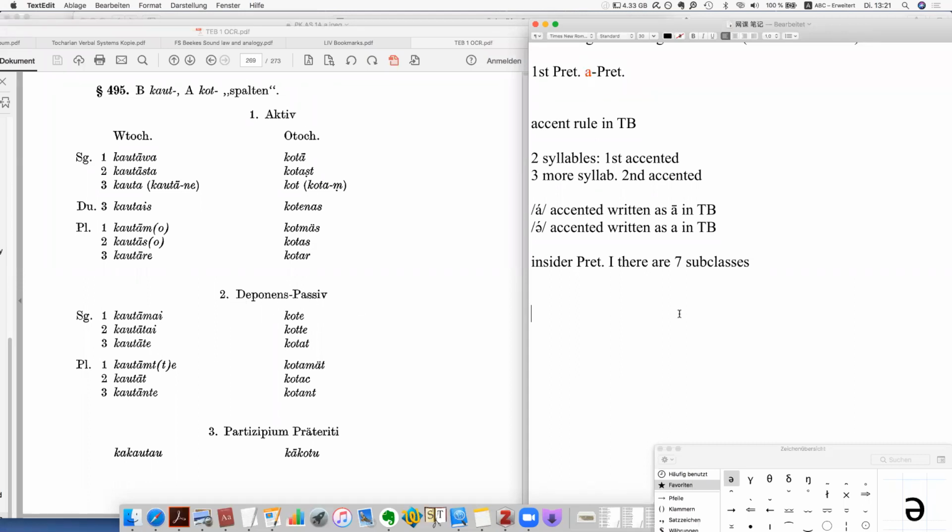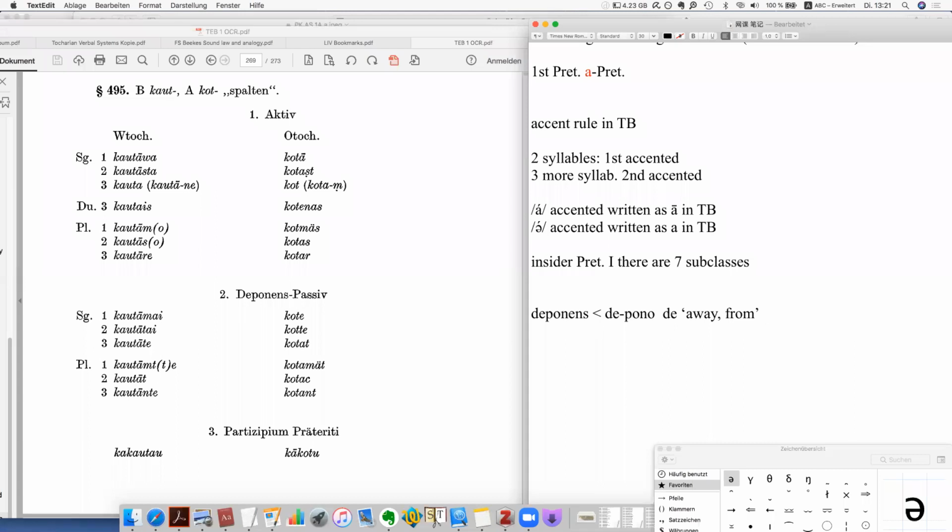Deponents, you find it in a lot of grammars. Deponent comes from the Latin word depono, and depono has a de, and de means away, or kind of away from. So the word literally means something is missing.